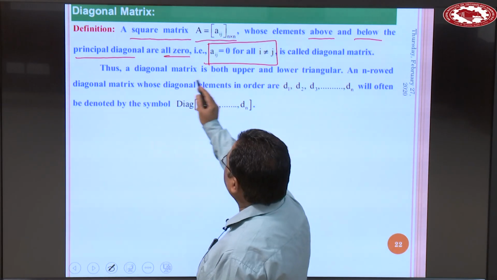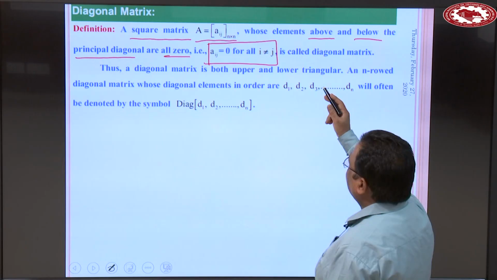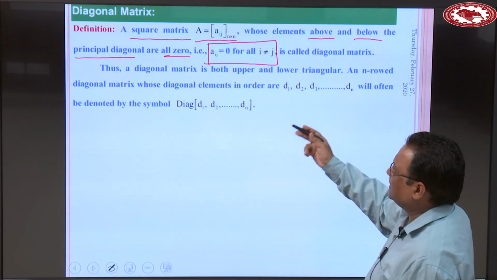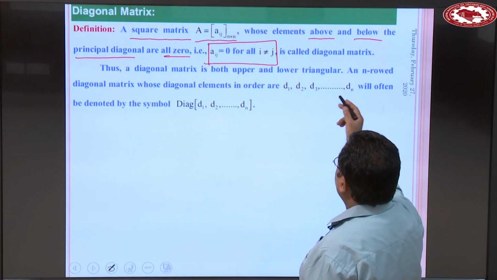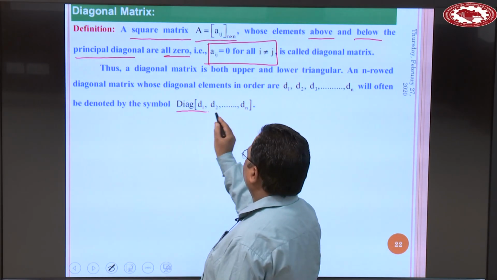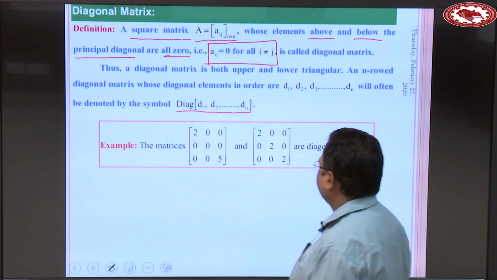This means a diagonal matrix is both upper as well as lower triangular. An n-rowed diagonal matrix whose diagonal elements in order are d1, d2, d3 and so on up to dn will often be denoted by the symbol diag(d1, d2, d3, ..., dn). So, these are diagonal matrices.